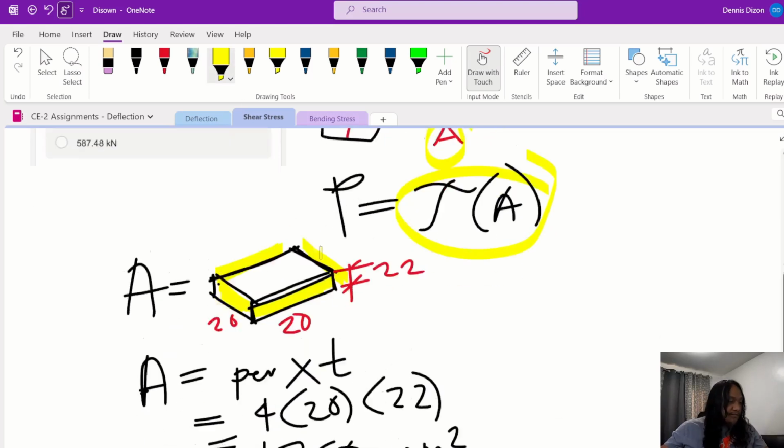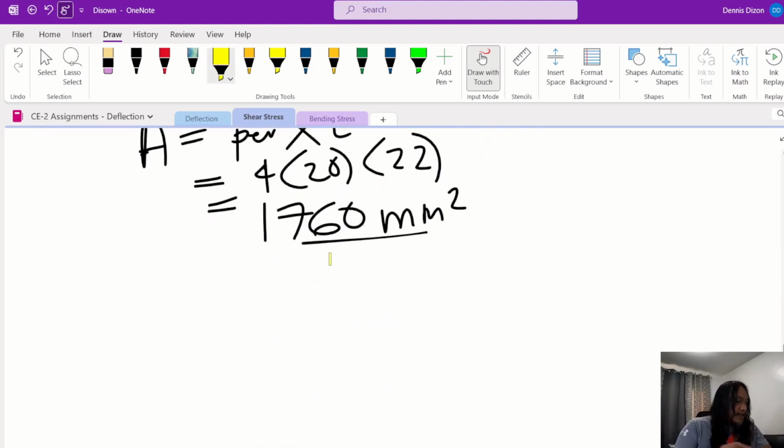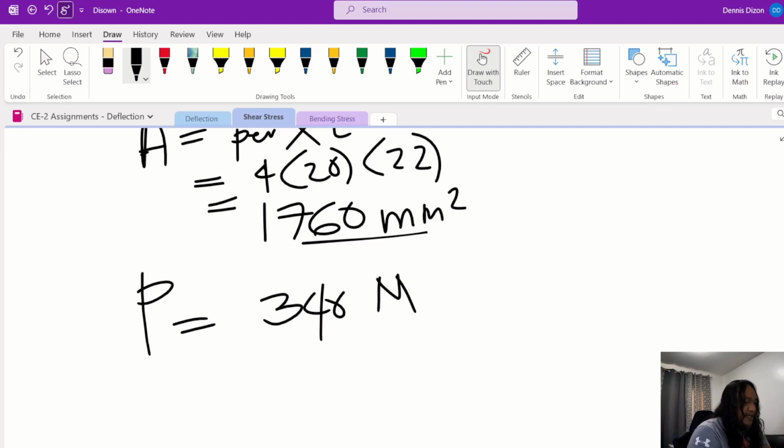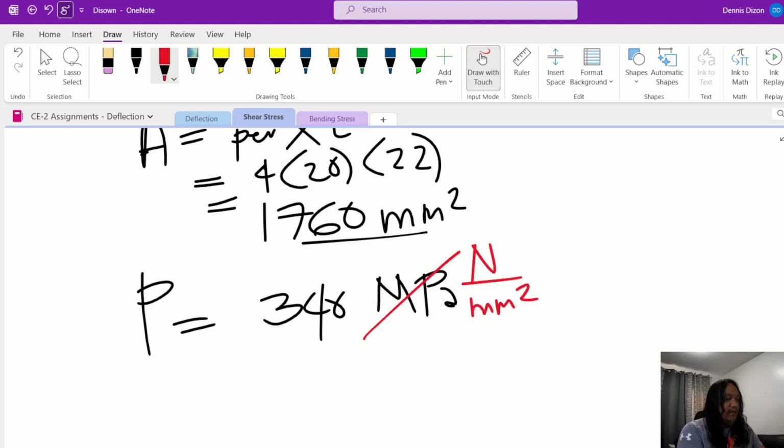So therefore, our force P is equal to 340, this is in megapascal, and megapascal is the same as Newton per millimeter squared.